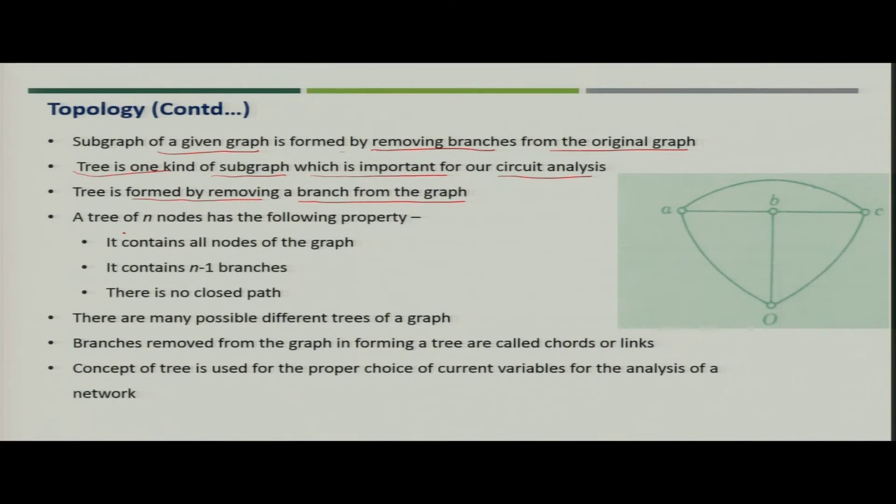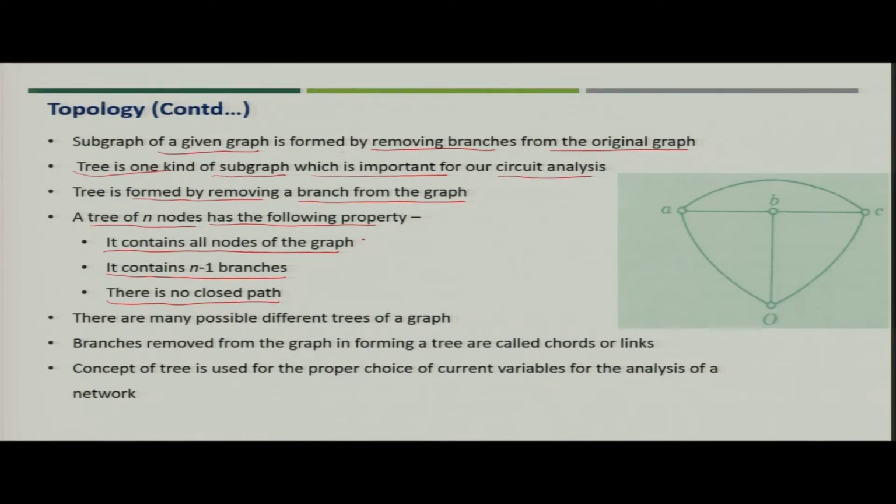What are those properties? Suppose there are n nodes in a particular graph and we are creating a tree containing all the n nodes, then it will have the following properties. It will contain all nodes of the graph, it will contain n minus 1 branches, and there will be no closed path.